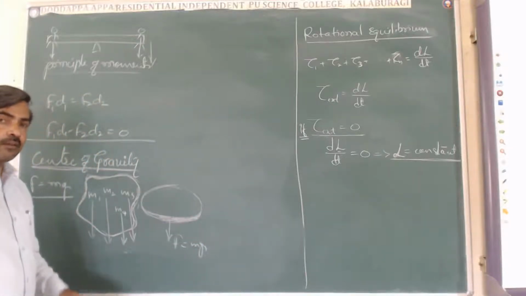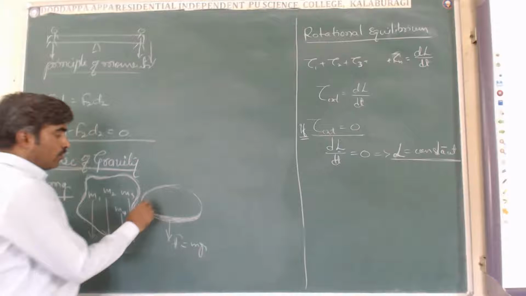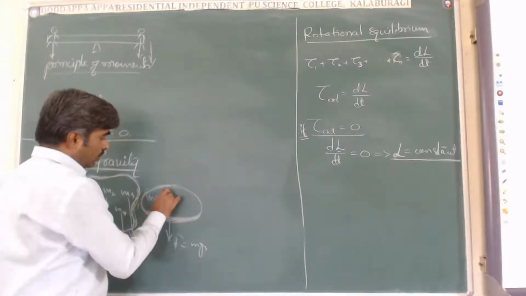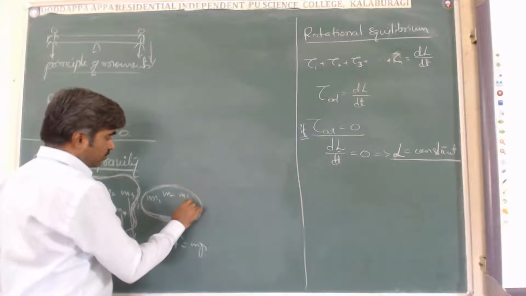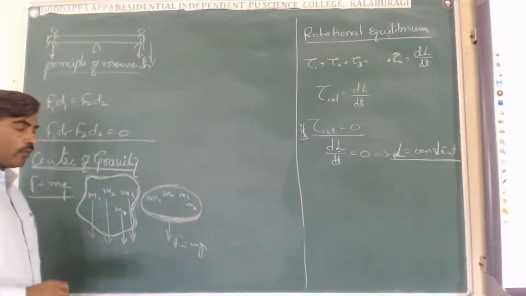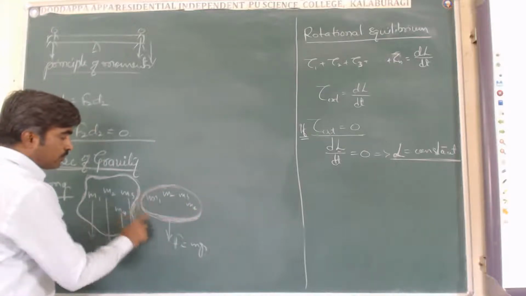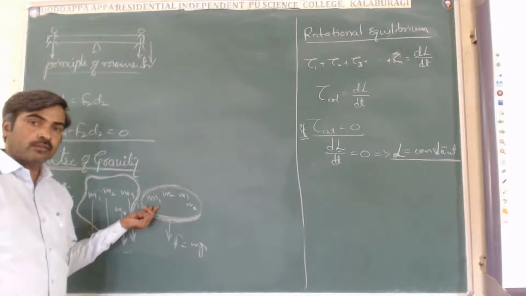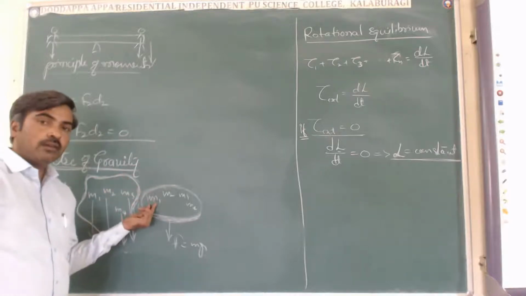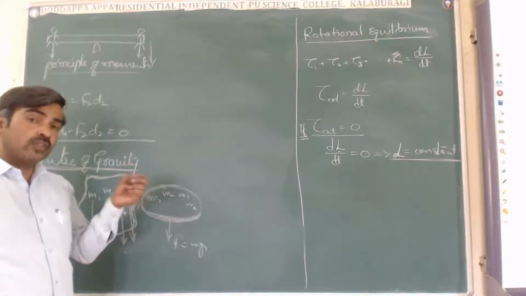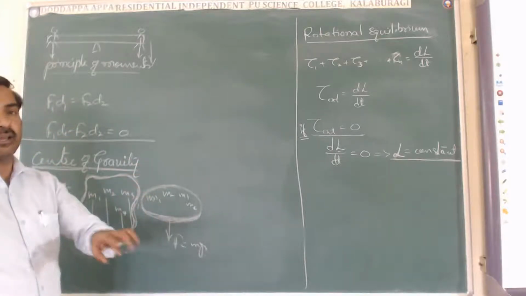But somewhere in the entire system, which is made up of objects or particles with different masses, we can find a point in the rigid body where the entire weight of the body is supposed to be balanced.